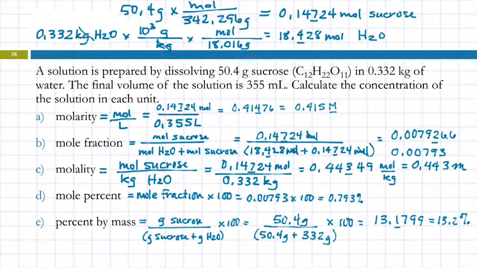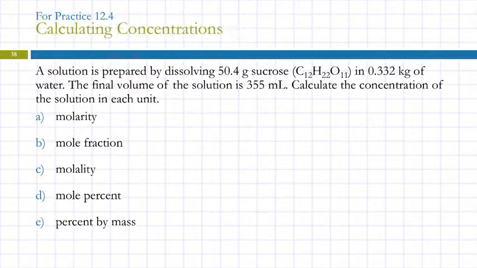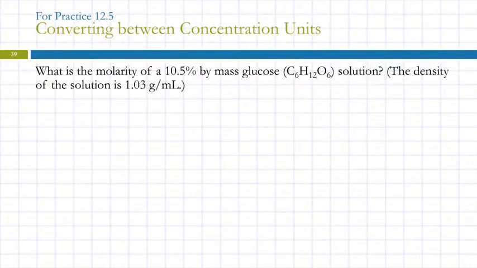Let's do a different one. What's the molarity of a 10.5% by mass glucose solution? So you've got this glucose solution. You know the concentration in percent by mass, but you need to know what the molarity is.